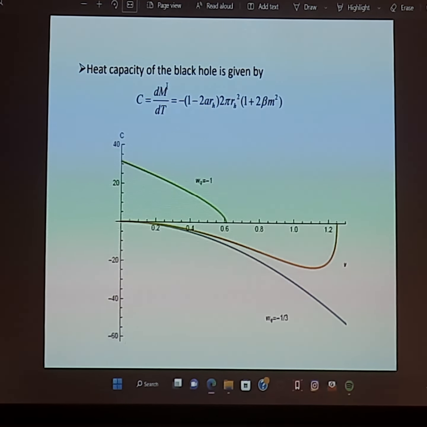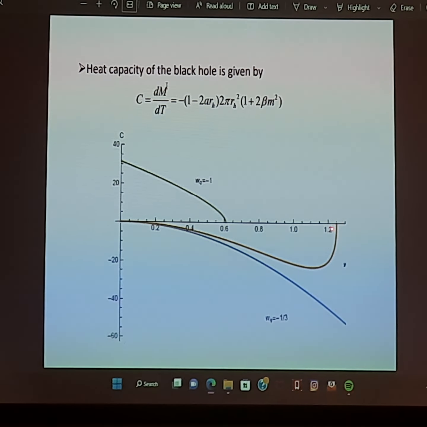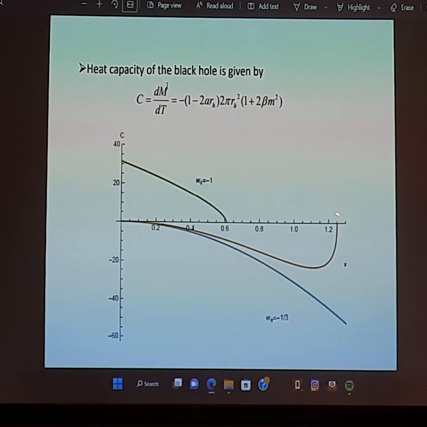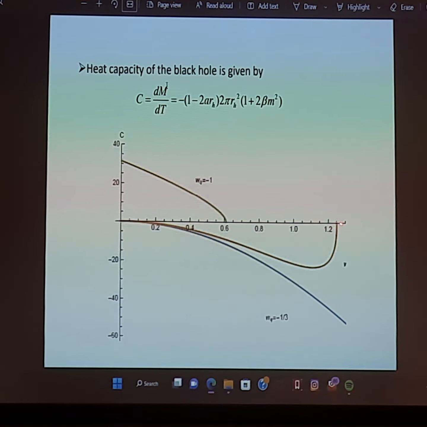From this graph, there are 2 points where the heat capacity vanishes. For those black holes whose conditions are such that they are in this region, they will form remnants with non-zero remnant mass.